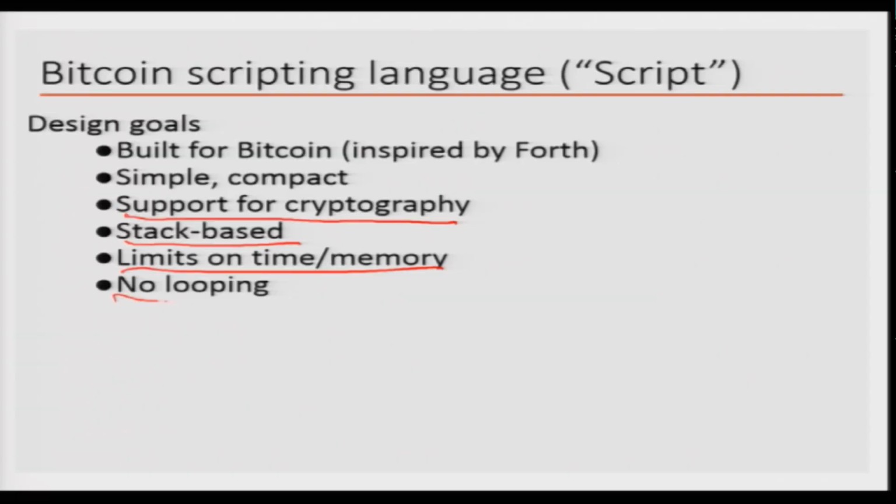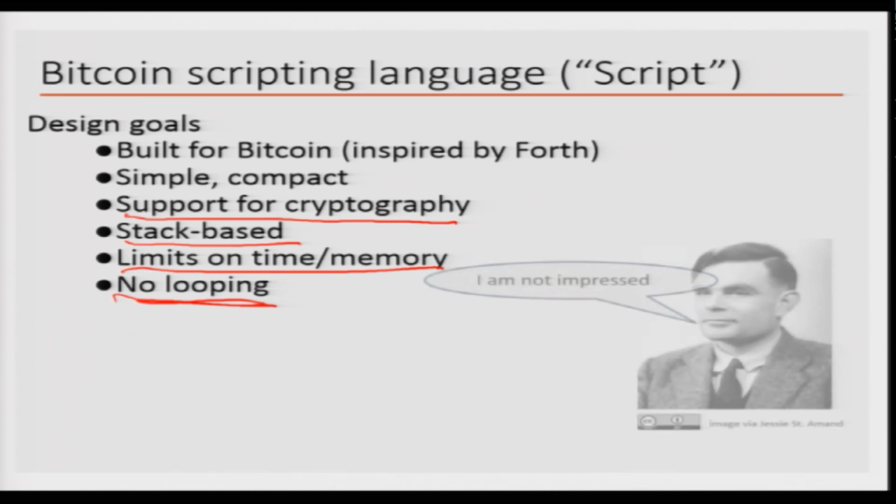So, we want a language in which it is not possible to get into an infinite loop or very expensive computation. This language has no loops in its structure, and therefore it is not Turing complete.